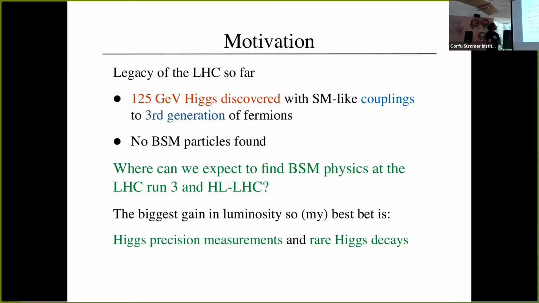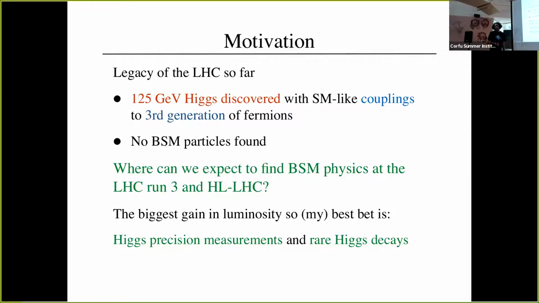Another, more disappointing legacy of the LHC is that no BSM particles have been found, but let's be a bit optimistic and think what one could expect from the next rounds of the LHC, including the high luminosity LHC, in terms of BSM physics.